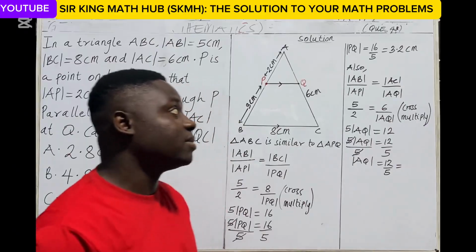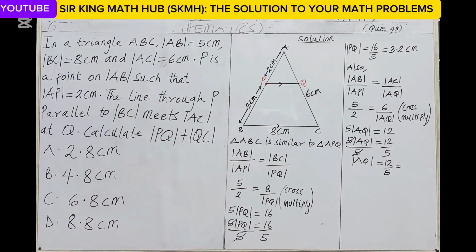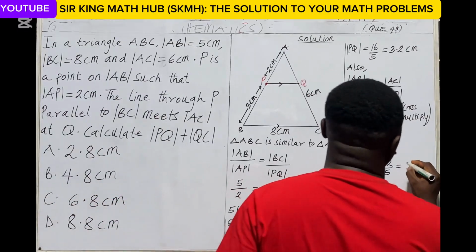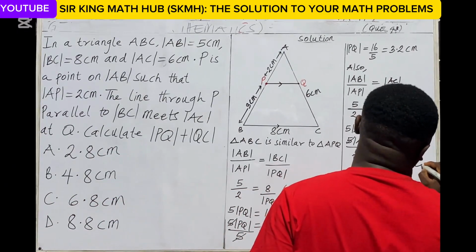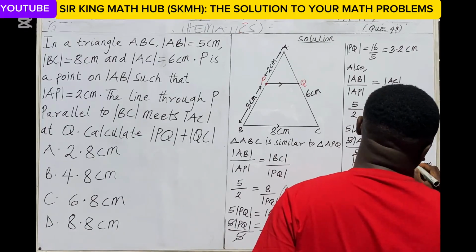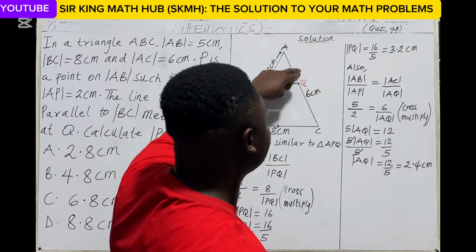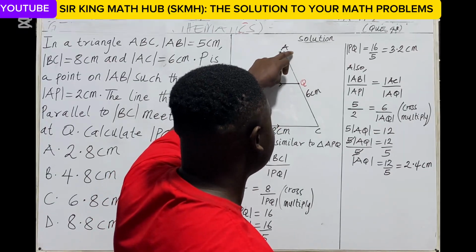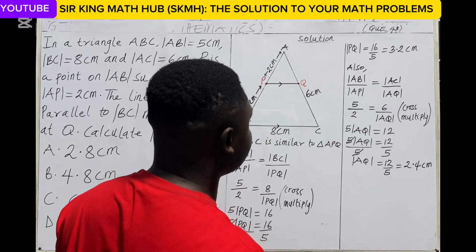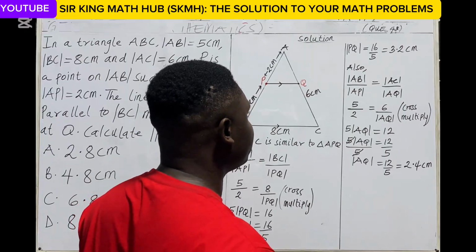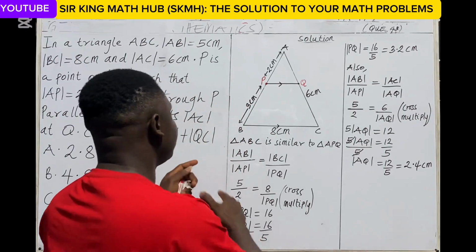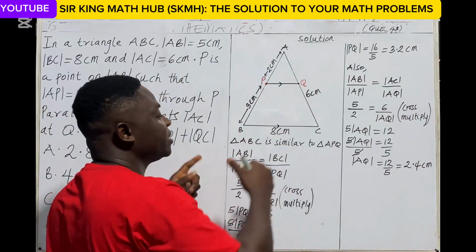I want the decimal. 12 divided by 5 is 2.4 centimeters. So that is the length of line AQ. The length of line AQ is 2.4 centimeters. But we are looking for the length of line QC.